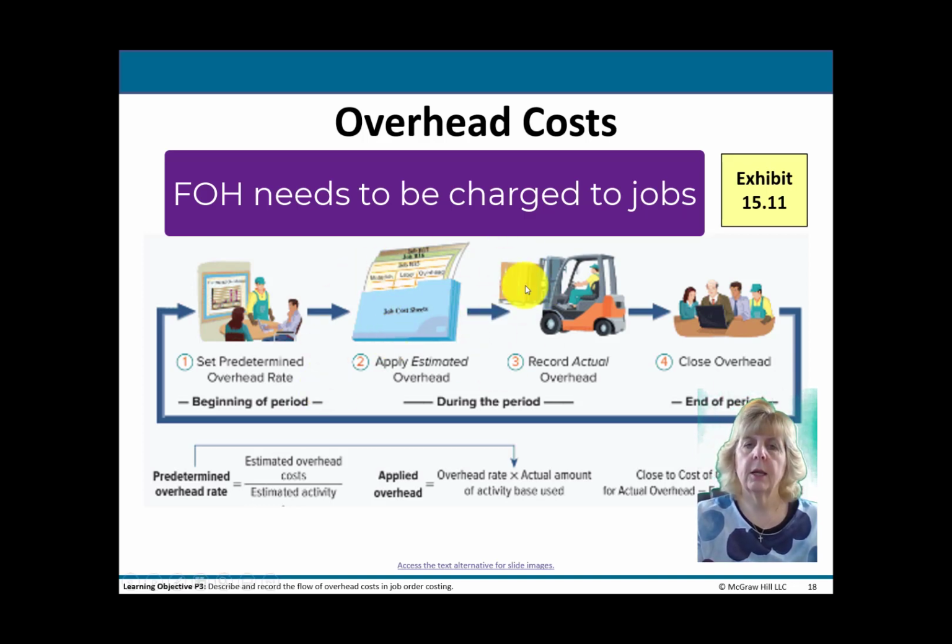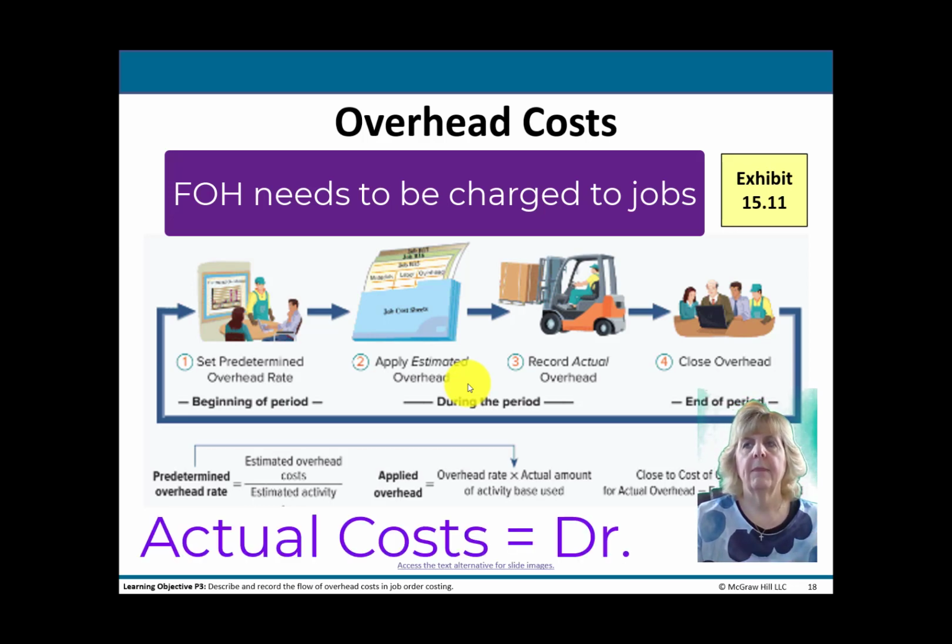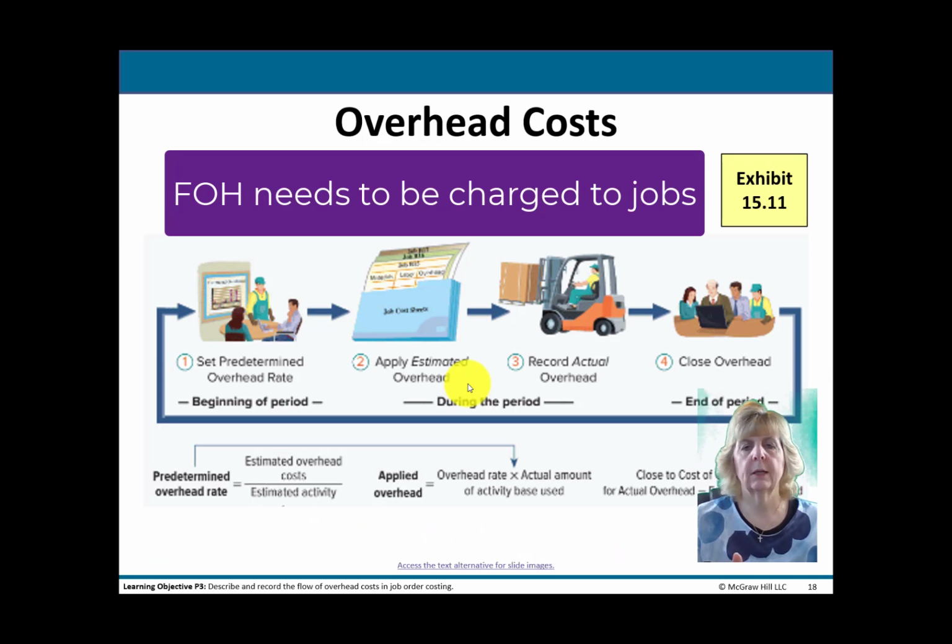Okay, keep in mind what our factory overhead account looked like in Chapter 14. We had the actual costs accumulating on the debit side, and then for simplicity purposes, we made one credit at the end of the month, transferring all the overhead costs out to WIP.